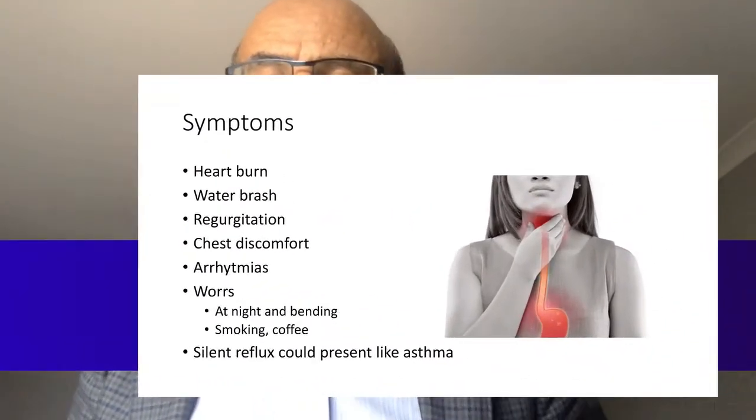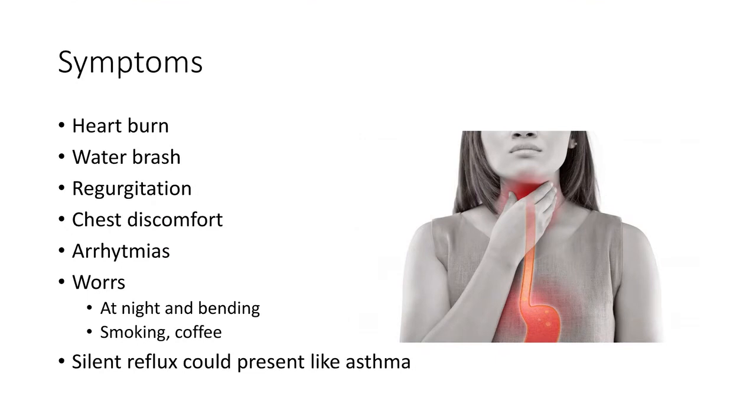Now we go back to the symptoms. What do they actually suffer from? Heartburn, and that's what the patient describes to you. Water brash. Water brash is difficult to describe, but it's just sudden watering in the mouth with a bitter, clear fluid that initiates nausea, and the patients go and need to have a drink to alleviate the symptoms.